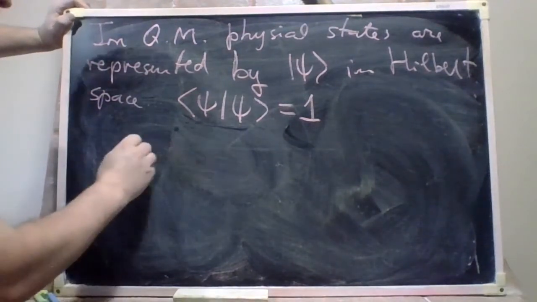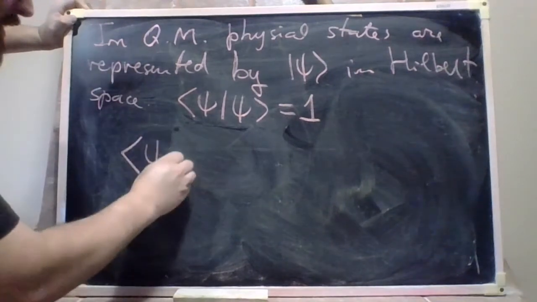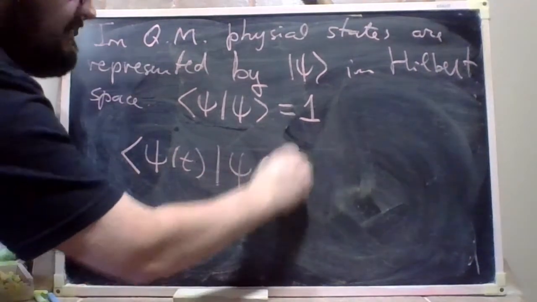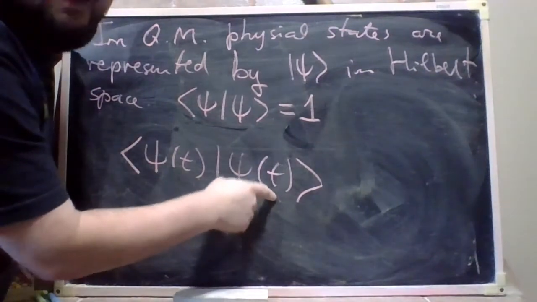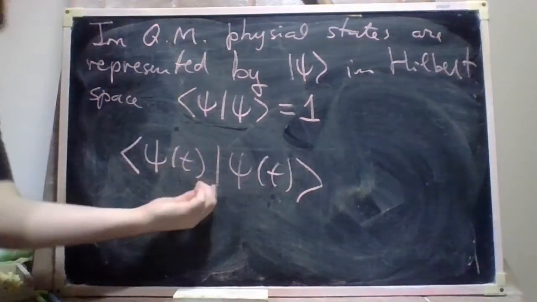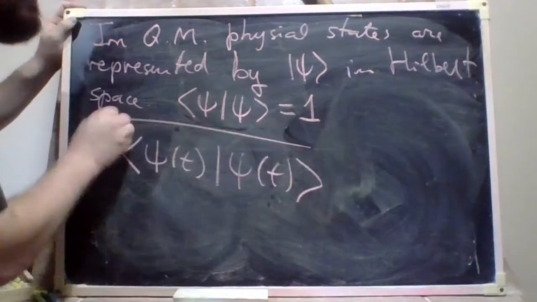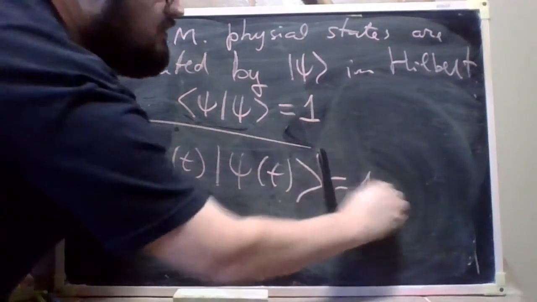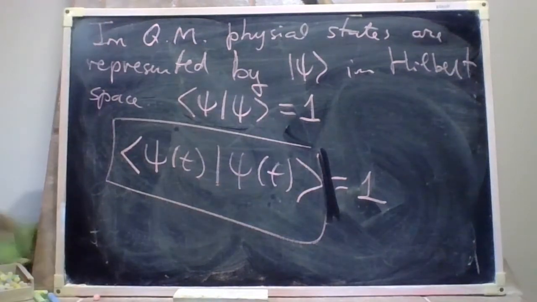So what if I want to calculate some psi of an instant of time t projected onto that same function at a given instant of time t? All right, what really must happen here in quantum mechanics? Well, this also must be equal to unit, the one on the right hand side. It cannot be anything but a one.